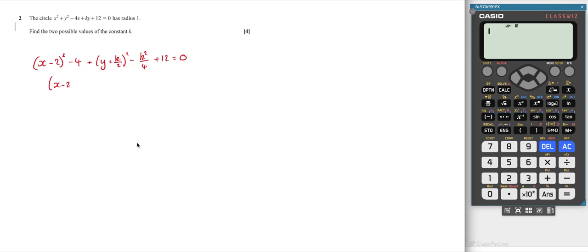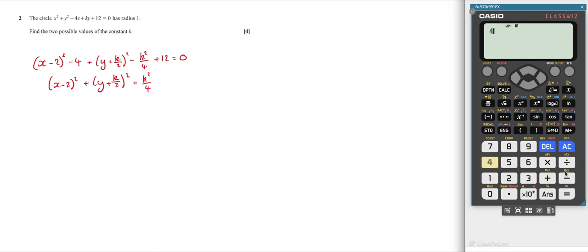So if we take everything across that we need to take across, I'm going to have x minus 2 all squared plus y plus k over 2 squared is equal to k squared over 4, then plus 4 minus 12, which is minus 8.